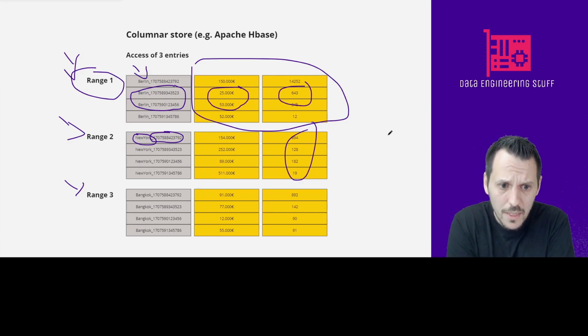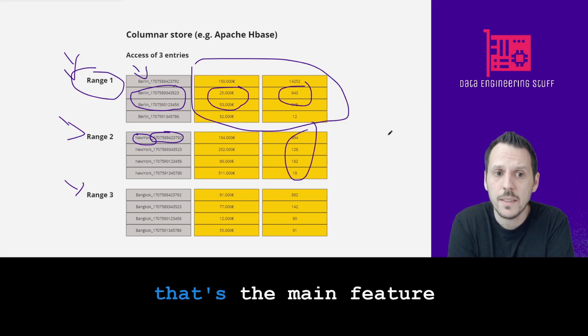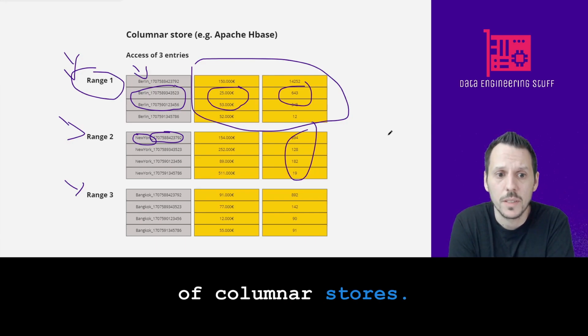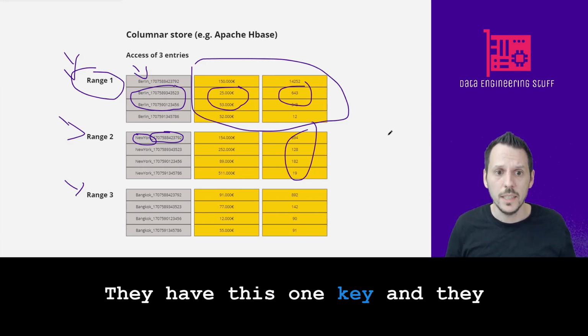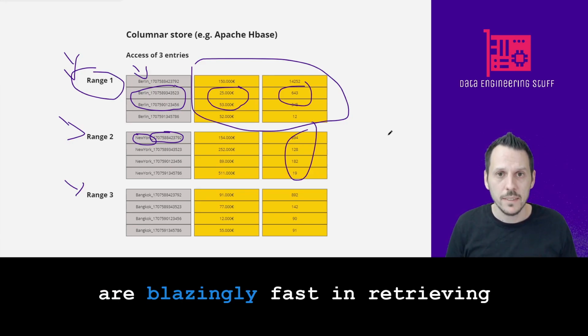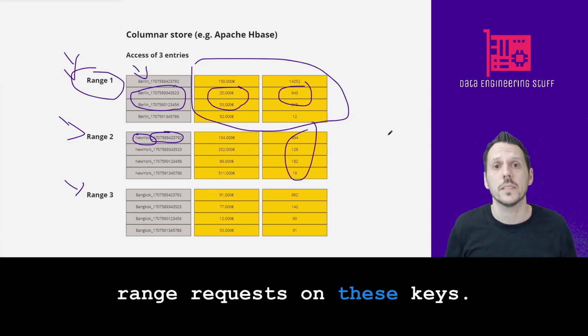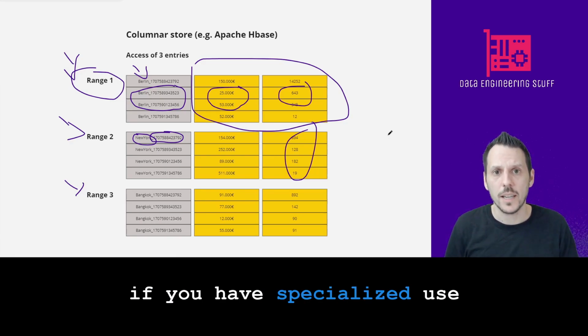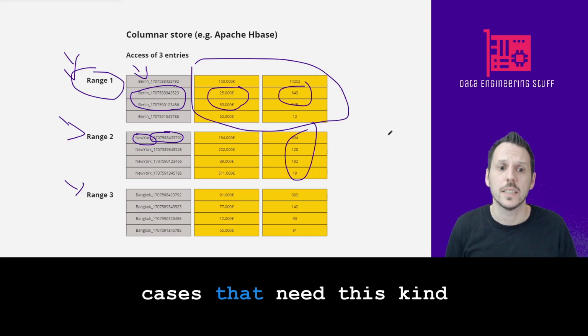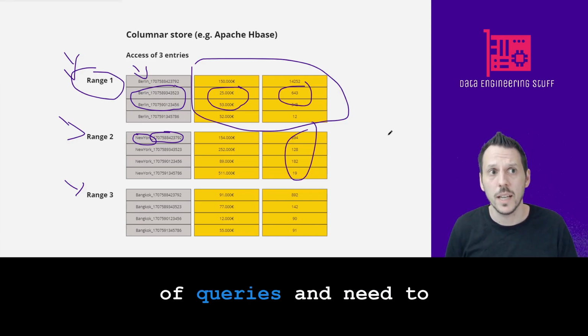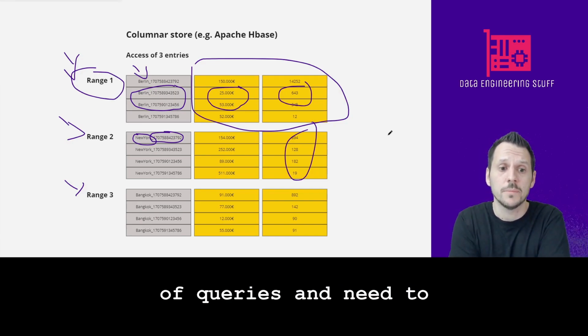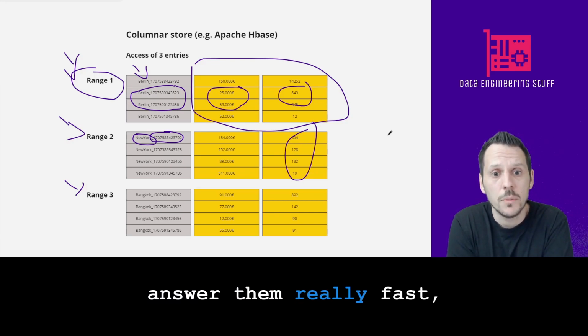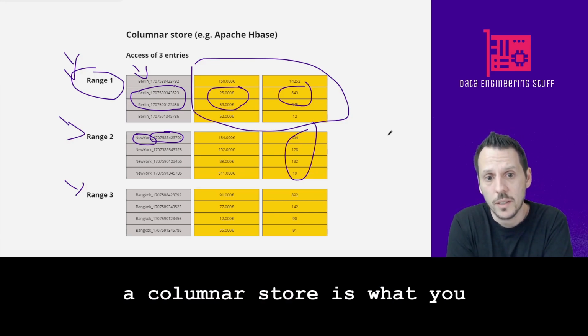So that's the main feature of columnar stores. They have this one key, and they are blazingly fast in retrieving range requests on these keys. So if you have specialized use cases that need this kind of queries and need to answer them really fast, a columnar store is what you want.